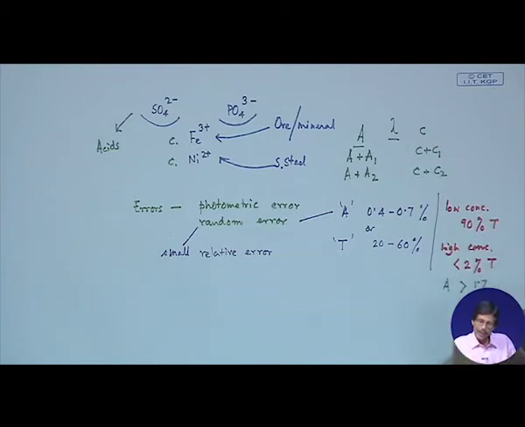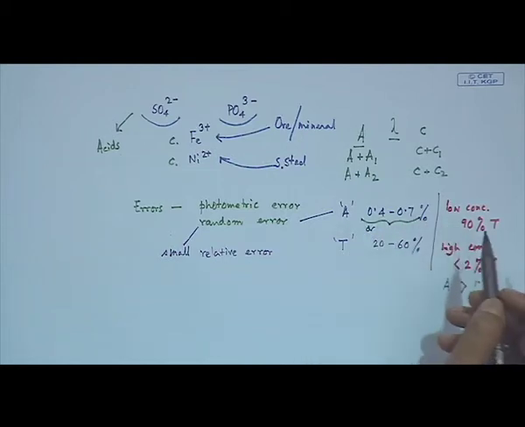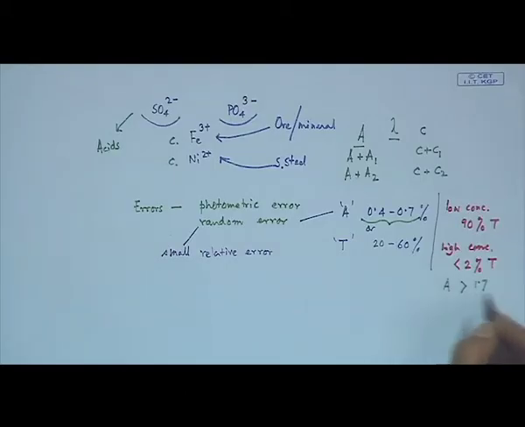Though your instrument can measure an absorbance of 1.7, it is better to avoid that, such that we remain in this particular range. Because when we go to that range, it means you have a very high concentration, and that means your molecules which are responsible for your color are staying side by side and start interacting with each other. That is not acceptable, or not well associated with the measurement.